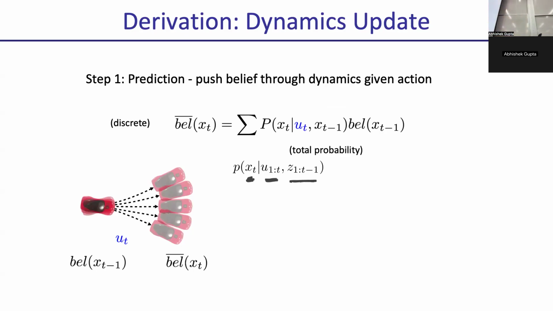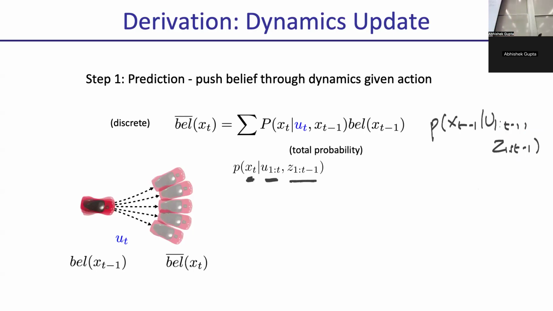This is the likelihood of xt when you incorporate the new action, but not the new measurement. And your belief at xt minus 1 was p of xt minus 1 given u1 to t minus 1, z1 to t minus 1. We're going to try and connect these. You guys are going to help me work it out. I'm not going to monologue.